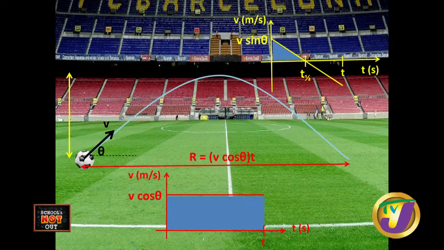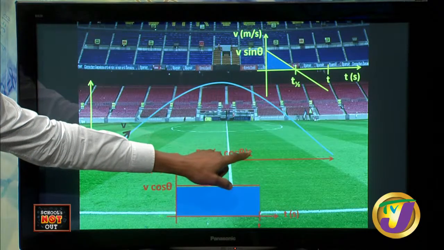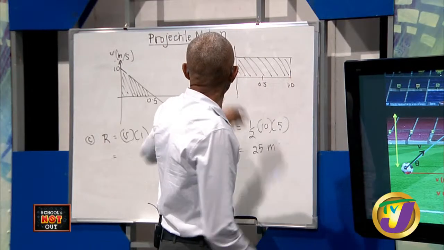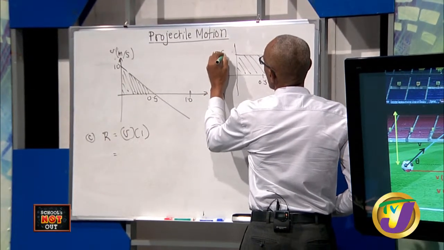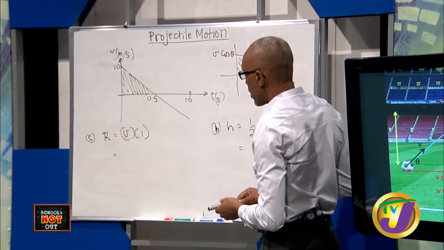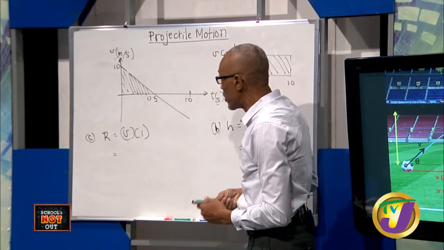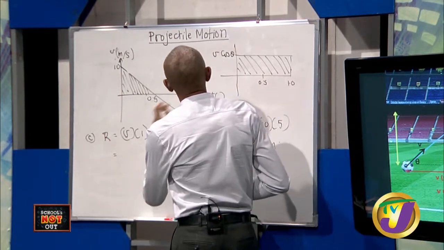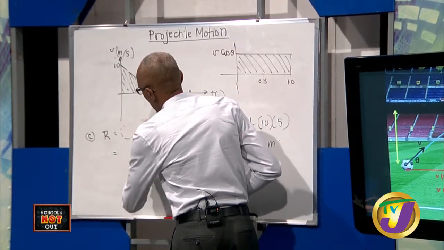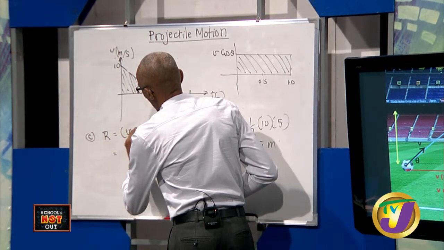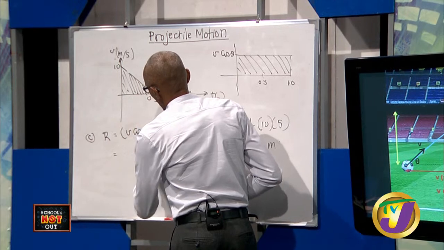Remember, we said that R is equal to V cos theta times T. So T is 1 in this case, and this here is V cos theta. But the angle of projection was 30 degrees. So we can write R is equal to V cos 30 times 1.